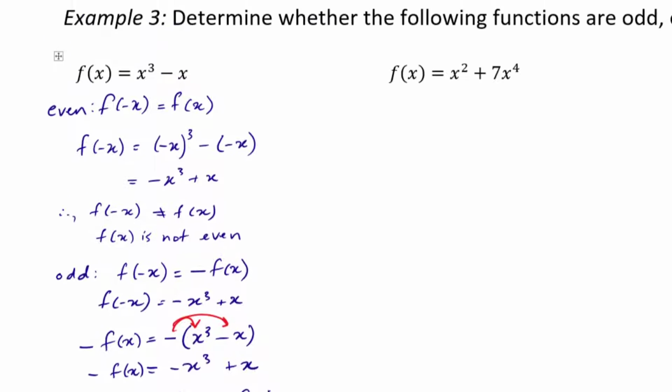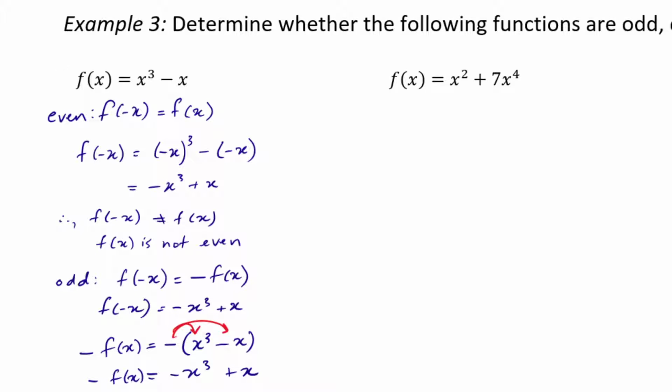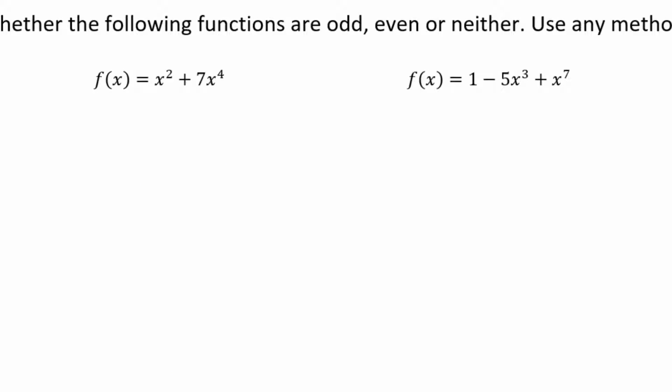Let's go back and look at the next example in our notes. Again here, we're going to try and see if this is an odd or even function. So what I'll do is I will look at f at negative x. So that is equal to negative x squared plus 7 times negative x to the power of 4. Well, negative x squared is just equal to x squared, and 7 times negative x to the power of 4 is just equal to 7 x to the power of 4.